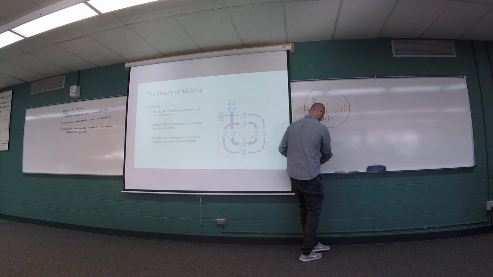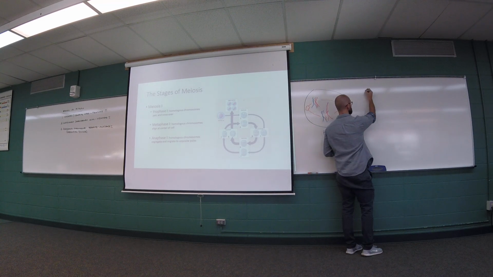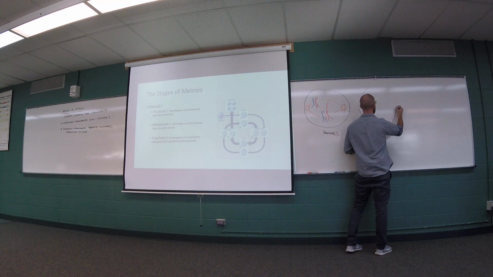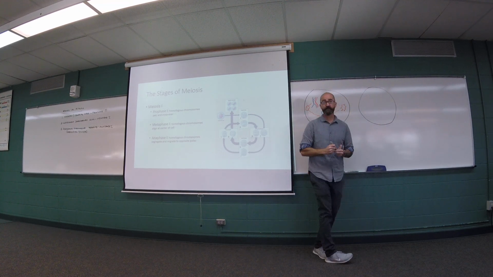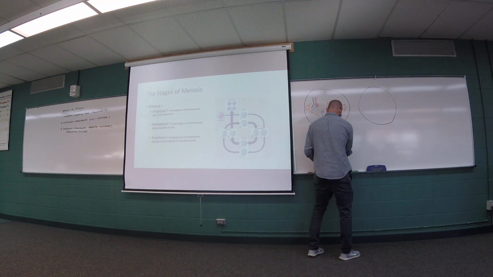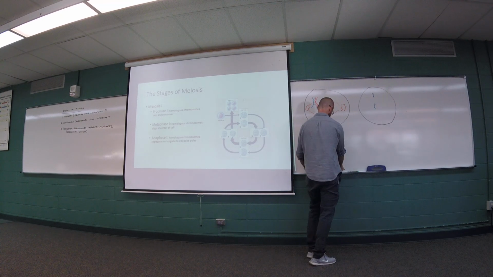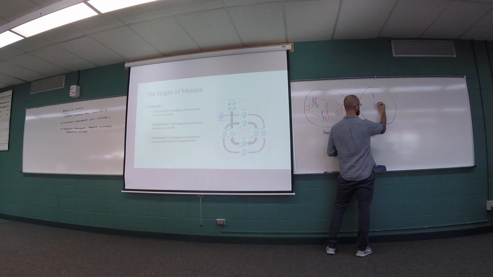So this is prophase 1. And in metaphase 1, what happens is those chromosomes are completely condensed at this point, and they are aligned at the center of the cell in pairs.